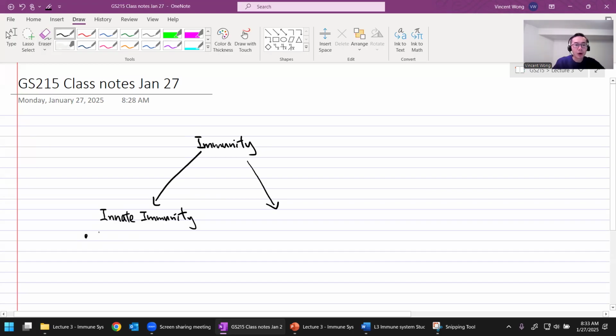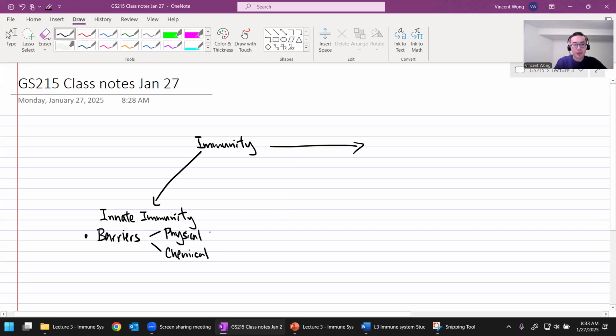There are barriers. For barriers, we have physical or chemical barriers. The purpose of barriers is basically to keep things out of the body, don't let them come in, and therefore they won't cause an infection.